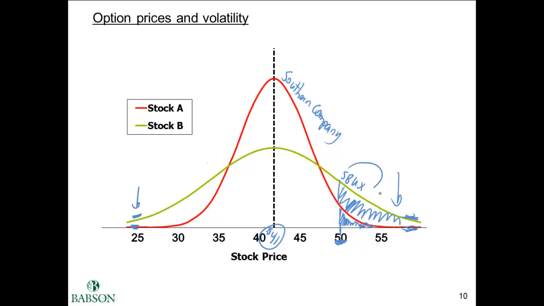So Starbucks call options are going to be more expensive. So let's think about what we just said. Starbucks is riskier, so their call options will be pricier. And that goes on the left-hand side as well. There's a very small chance that Southern Company is going to end up at or less than $30 a share. There's a much larger probability that Starbucks is going to end up lower than $30 per share. So the riskiness gets baked into the prices because it changes the chances of something happening.